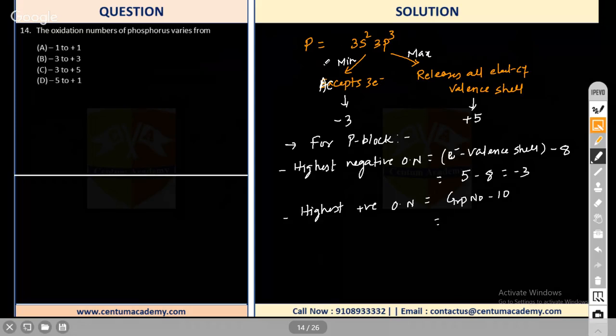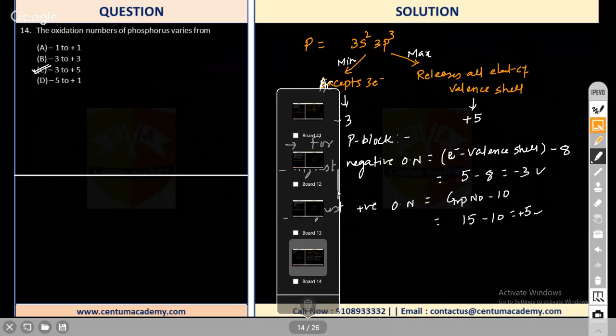This phosphorus belongs to the 15th group. 15 minus 10 is equal to 5. So -3 and +5, option C is correct.